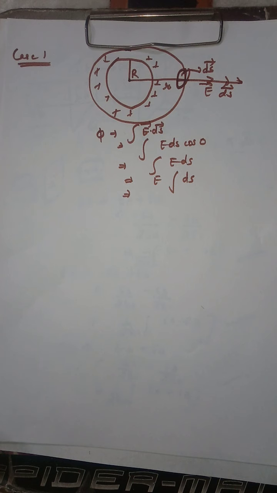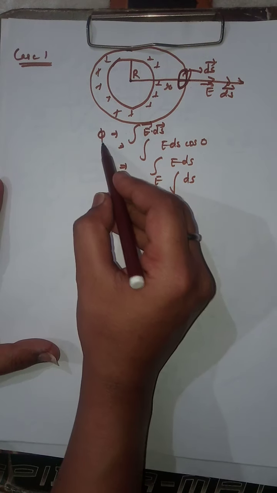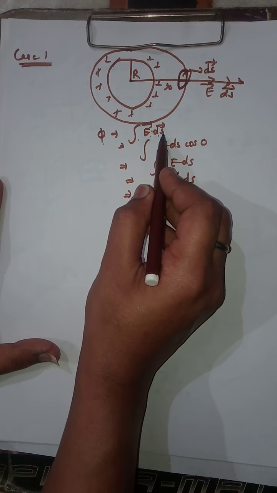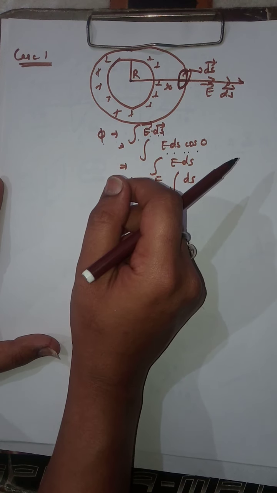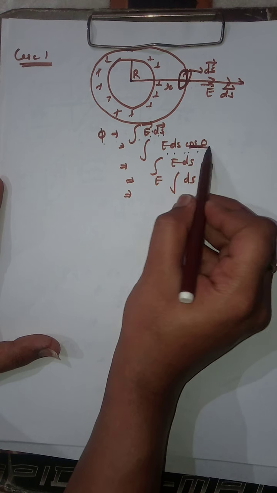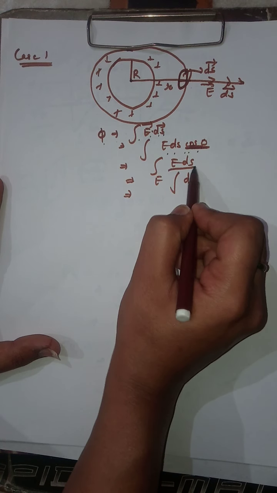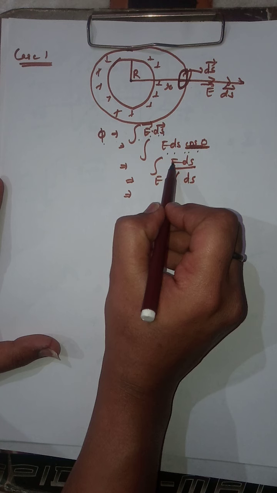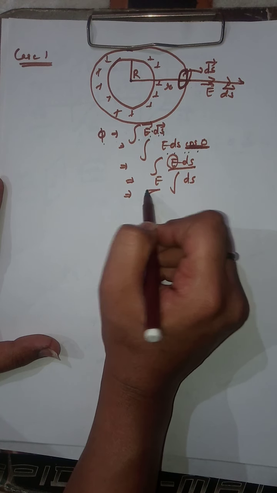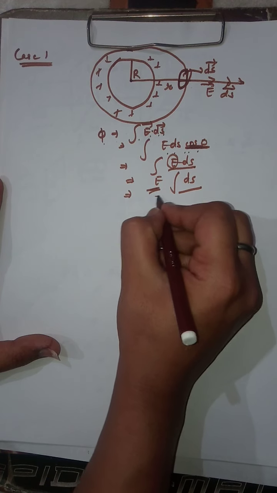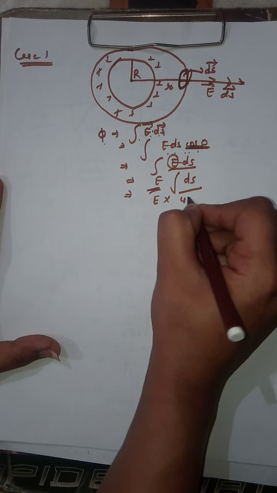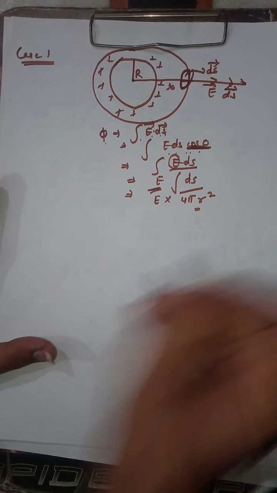Flux is equal to integral E dot ds, that is equal to E ds cos 0. Cos 0 is equal to 1, so we are left with E ds. We can take E outside, and we are left with integral ds, which is nothing but the area of our bigger sphere.